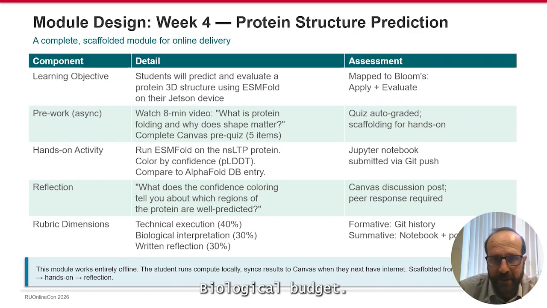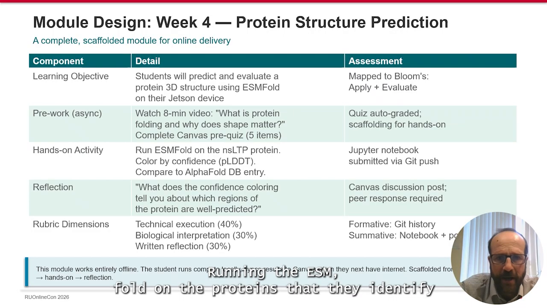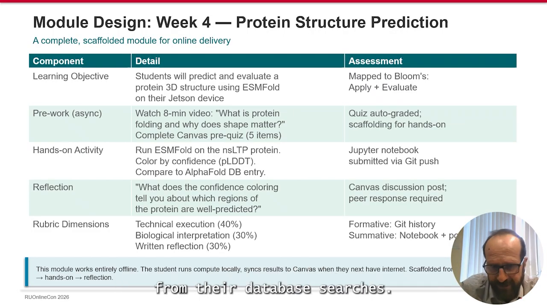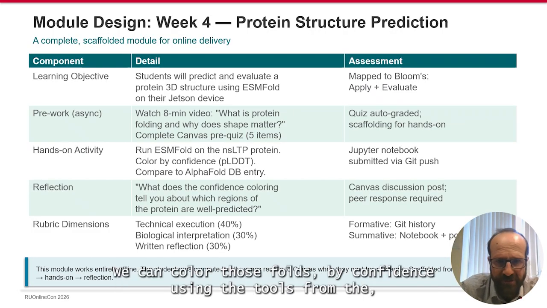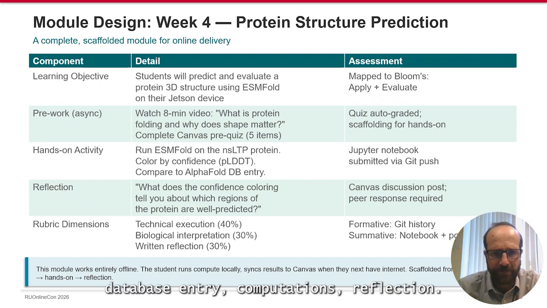What does that mean biologically? Hands-on activity, of course, running ESMFold on the proteins that they identify from their database searches. We can color those folds by confidence using the tools from the protein database, and we can compare that to AlphaFold database entry computations.